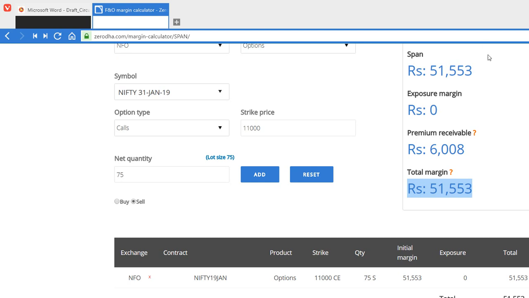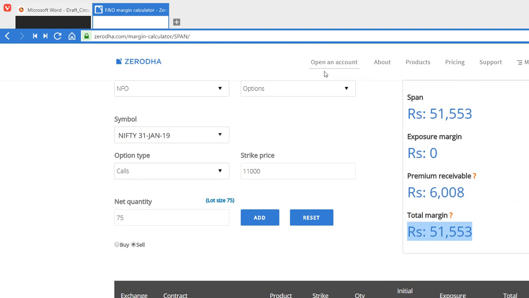Let me talk a little bit about SPAN margins. SPAN margins are charged to cover the worst possible movement in the contract you are trading for a single day. Now, the exchange has revised this to cover possible volatility over 2 days. So this was calculated based on 1 day, and now they are calculating it for 2 days.